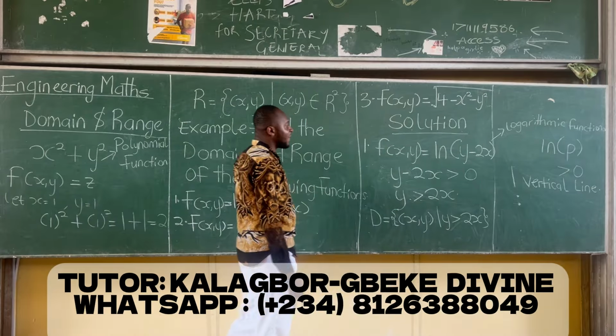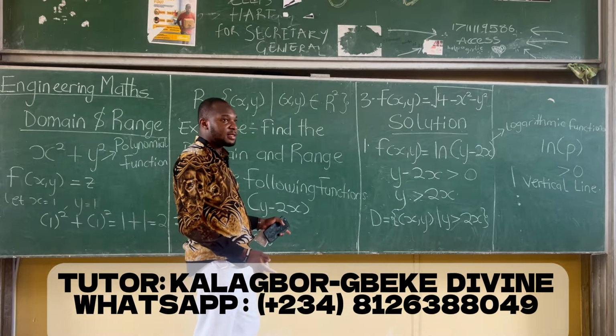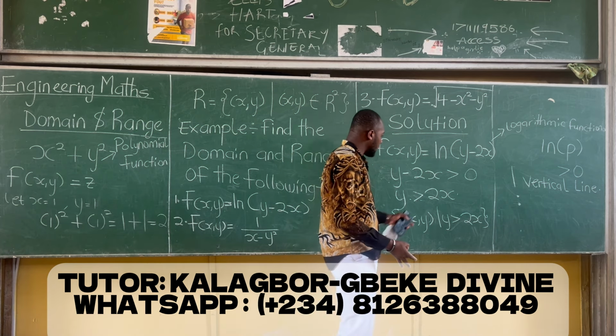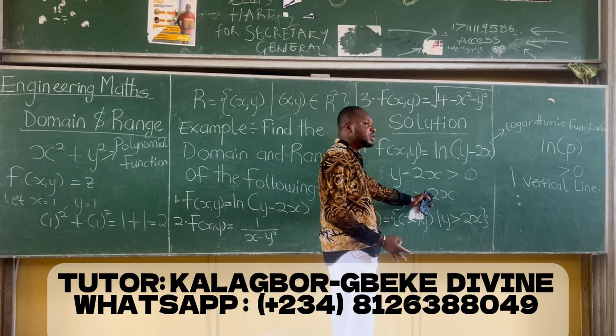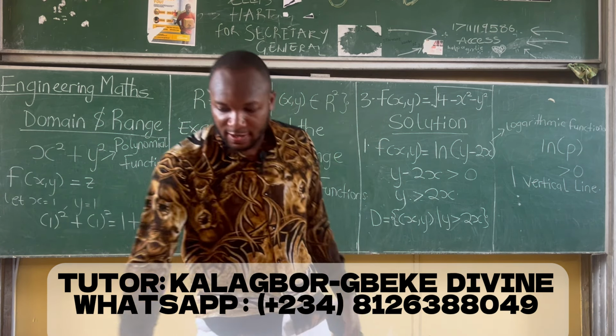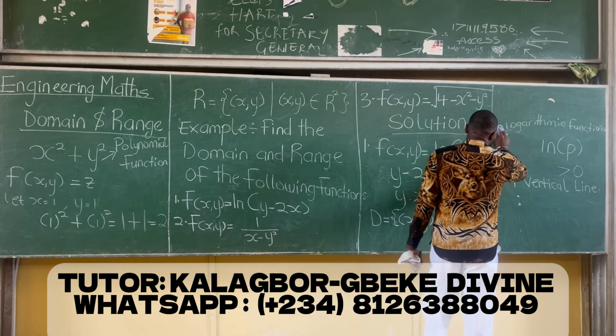So let's proceed to finding the range. We found the domain, and this is our restriction, that any value we choose for x, if you multiply it by 2, y should be greater than it. So now let's move forward to find our range.